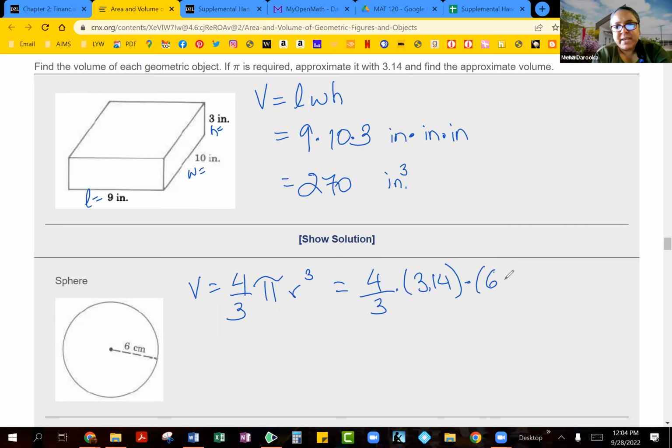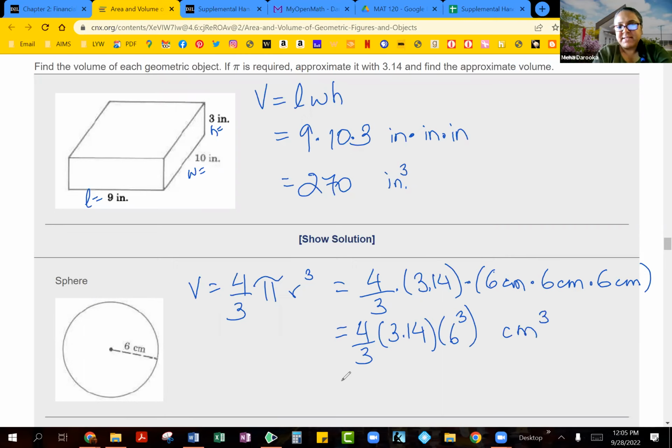Since you are doing the 3rd power, it's 6 centimeters times 6 centimeters times 6 centimeters. So multiply 4/3 with 3.14, and then 6 to the 3rd power.